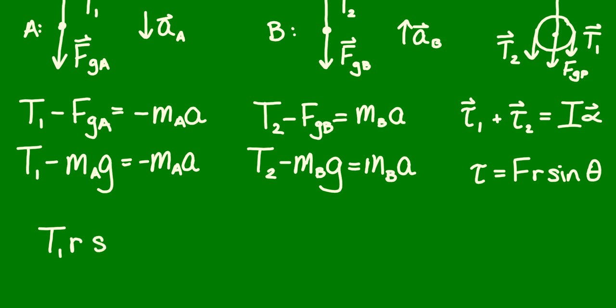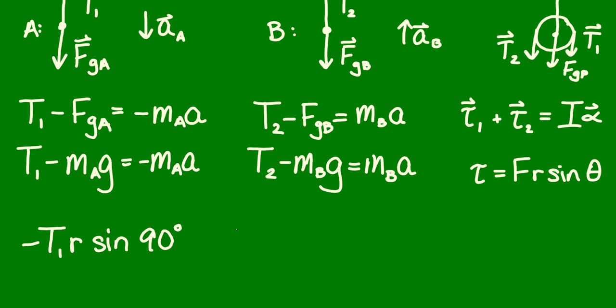It's the sine of 90 degrees because 90 degrees is the angle between my radius and tension vectors. Now, if I look at my force diagram, if T1 were the only force acting on my pulley, it would cause a clockwise rotation, and we consider clockwise to be negative. So I'll put a negative sign in front of that.